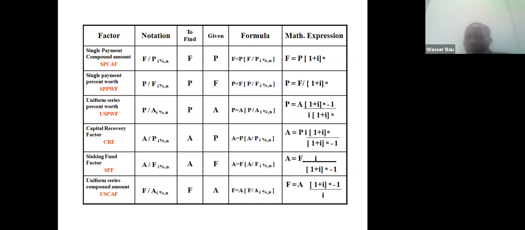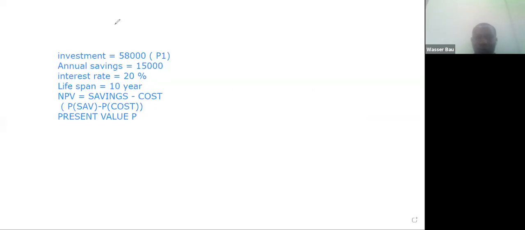So if you go to the table, you look at the uniform present worth, and you find the value based on the I, which is 20%, and the N, which is 10. So let's go to our table now. Let me finish the formula on the whiteboard.